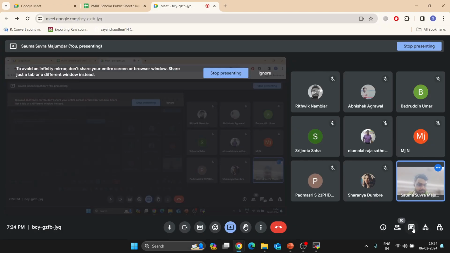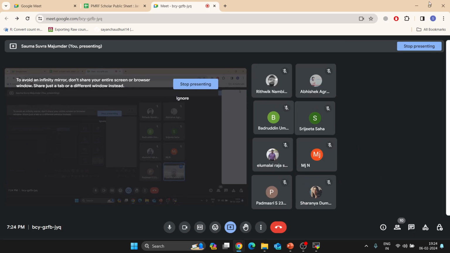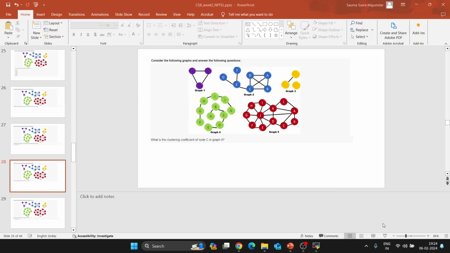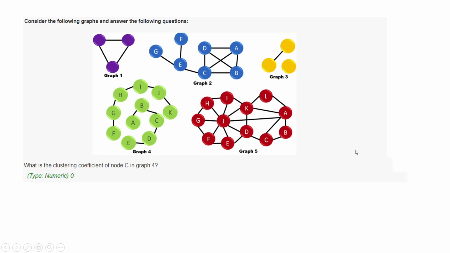No more answers. Okay, yeah, the answer given is correct. It's 0. So in graph 4, if you see, this is a disconnected component. A, B, C, D, E is a disconnected component in itself, and F, G, H, I, J, K is a disconnected component in itself.